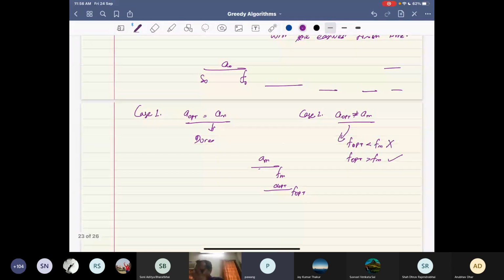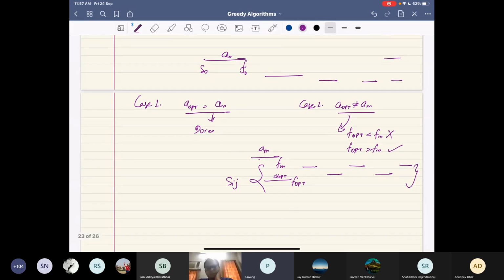And anyway, all other activities are compatible, whatever I'm choosing. So this is my Sij. So what I will do, let's start from Sij and replace AOPT by AM.